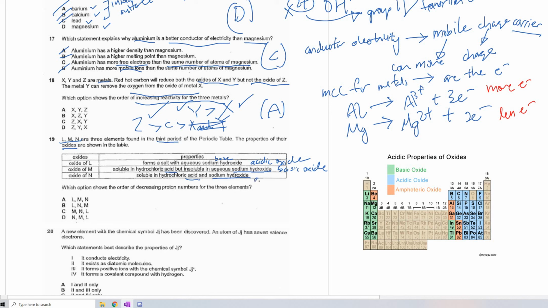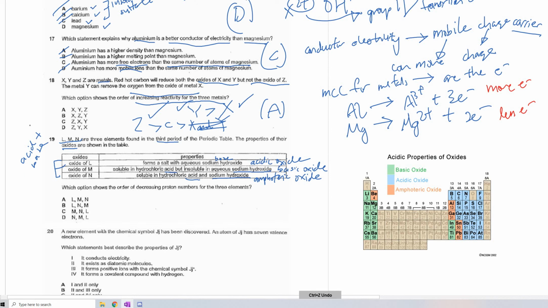It must be an amphoteric oxide. If you haven't realized already, these descriptions are talking about acid plus base reactions. If you are an acid, you must be able to react with a base. Conversely, if you are a base, you must be able to react with an acid.